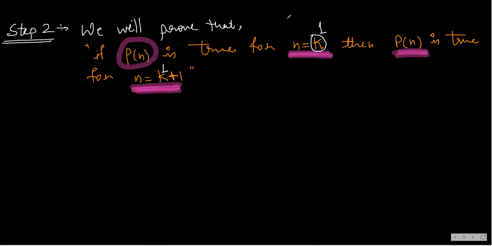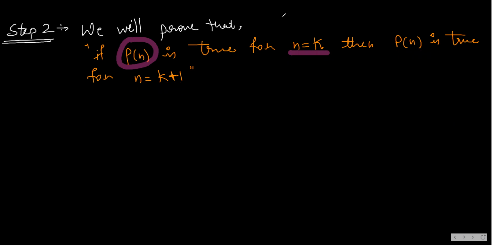Since you have proved it for 2, you will replace k by 2: since P of n is true for n equals 2, P of n has to be true for n equals 2 plus 1, that is, true for 3. Then true for 3 plus 1, that is 4, then 5, then 6, then 7. And this way it is true for all natural numbers.